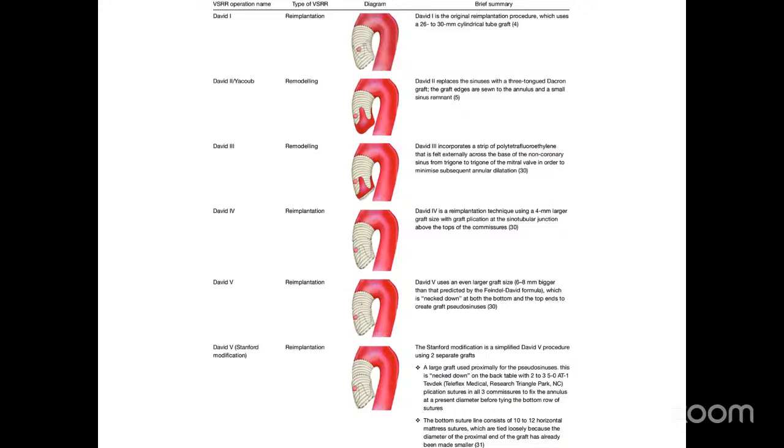So they are just trying to mimic the physiology, then they created the two grafts, right? Yes, just to mimic the sinus, because the sinus is larger than the ascending aorta. And the result of this last technique, did you find that the results are good here, or did you not read it?